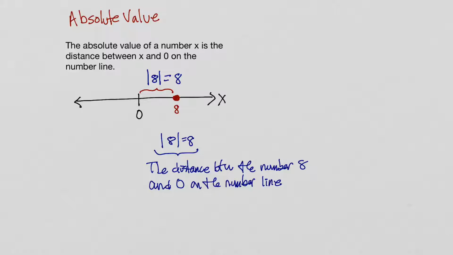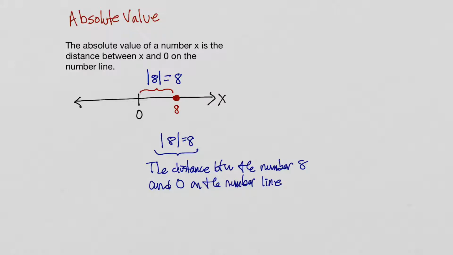Now, what I've written here, the distance between the number 8 and 0 on the number line, that's this part right here on the left of the equal sign. When you read this, this is a symbolic notation for this: the distance between the number 8, what we see inside, and 0 on the number line.